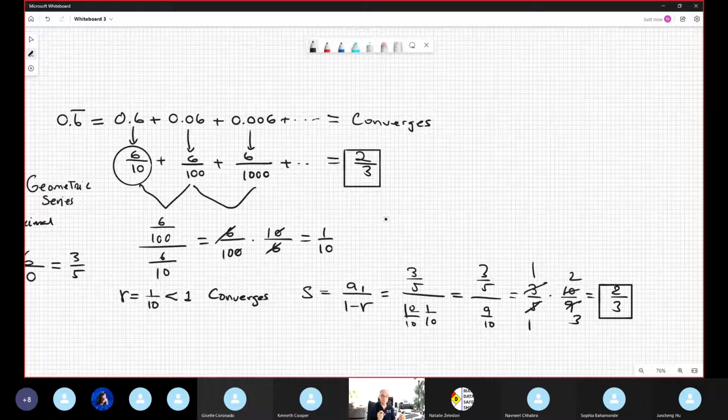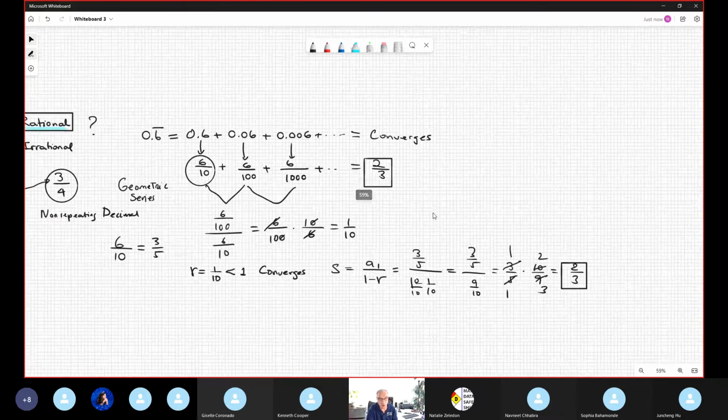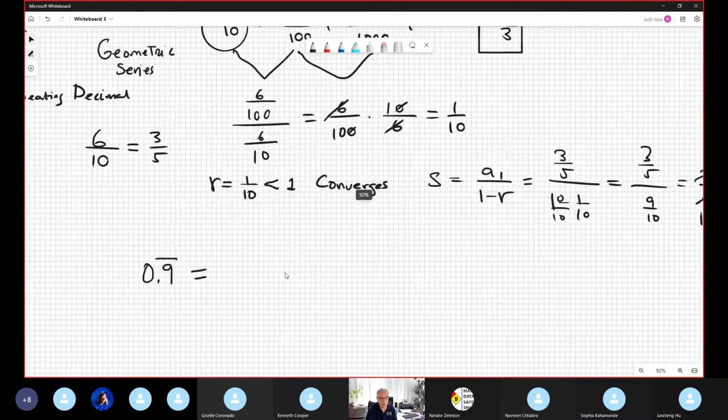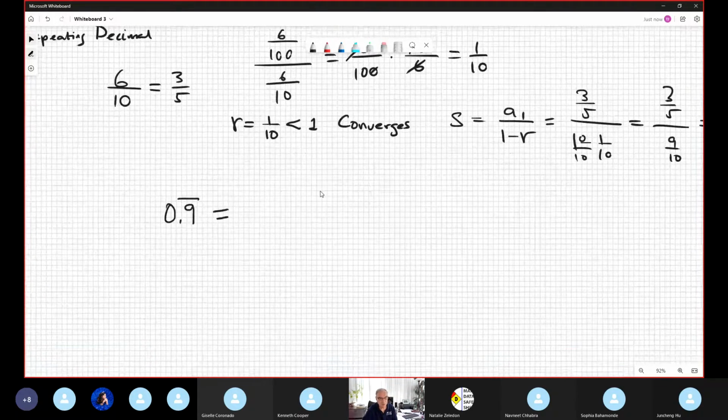Do you understand the idea? But I need your help to understand another one, a little bit more confusing, at least for me. What do you think about 0.9 repeated? It's crazy. 0.9999 infinity of 9s.